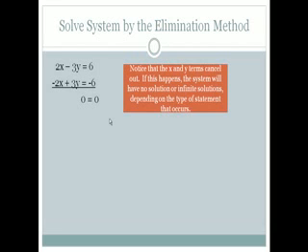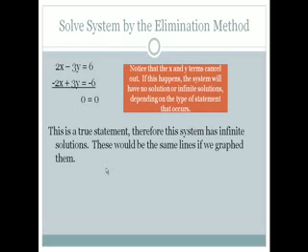Now, when the letters cancel, you have to decide if this right here makes a true statement or a false statement. Does 0 equal 0? Absolutely. So this is a true statement. Therefore, this system has infinite solutions. If we graph these, they would be the same lines.